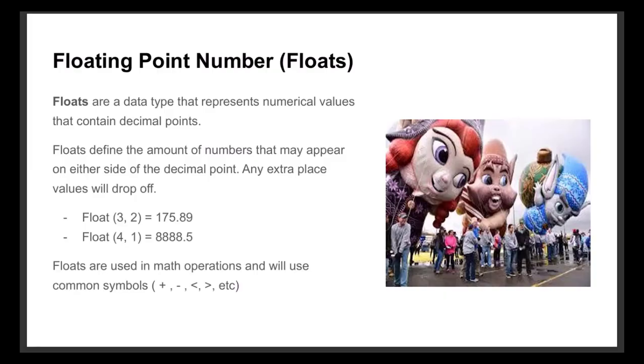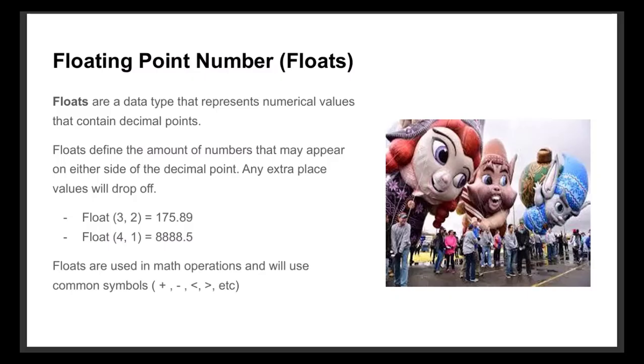Float is short for floating point number, and floats are data types that allow us to represent a numerical value with decimal and fractional values. When we are creating a float within a program, we can create a limit on how many decimal places that we can calculate both to the left and the right of our decimal point.